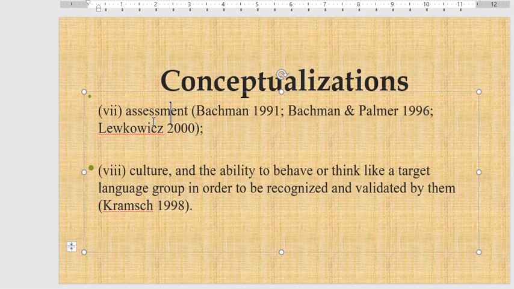According to Bachman and other scholars, if you want to assess a student's development of speaking and listening, you should create a situation for an interview, and you should interview your students. Then, if they successfully perform in their interview, it means that you have successfully taught listening and speaking, and they have successfully learned listening and speaking.